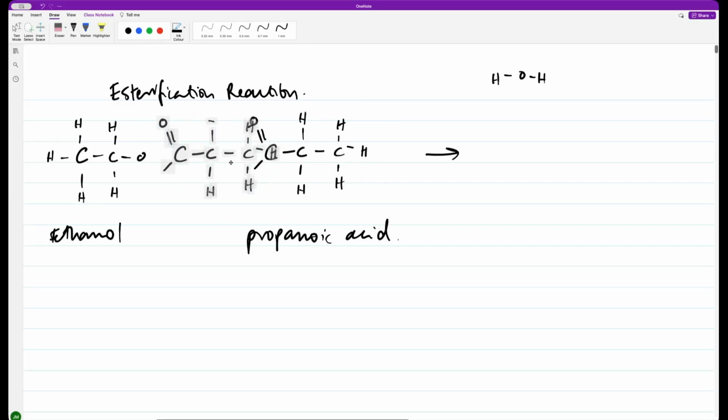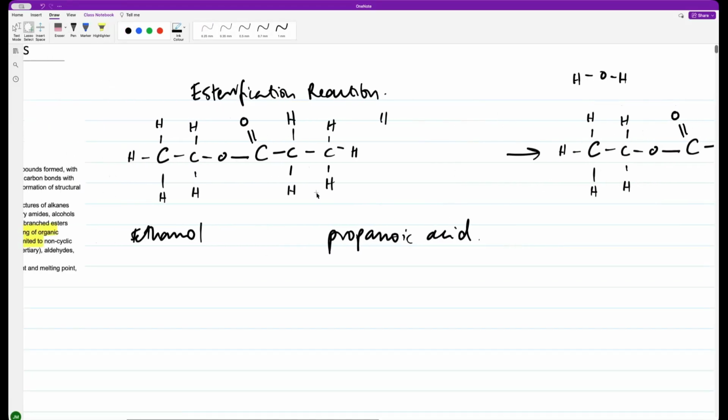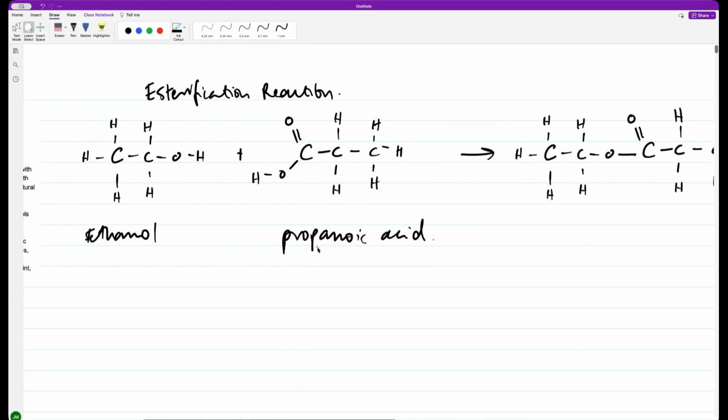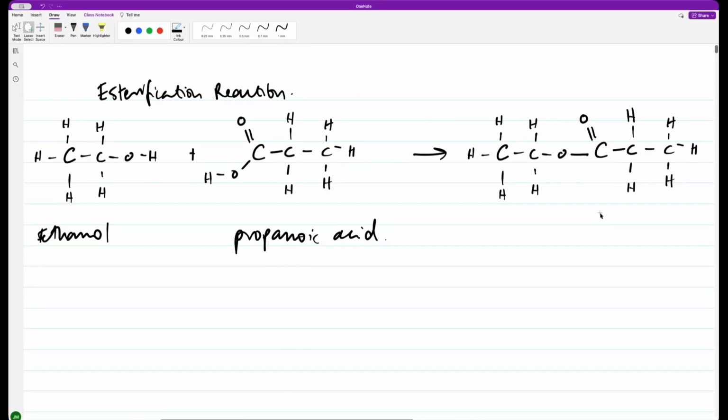Essentially, that is what the ester will look like. And we know how to name this already, right? Put that as a product. So that's our ester that's formed, and obviously there is still water that has formed as well. So don't forget about the little water.